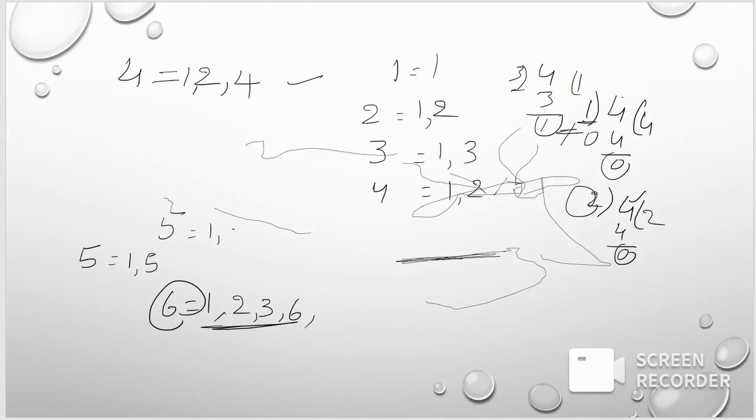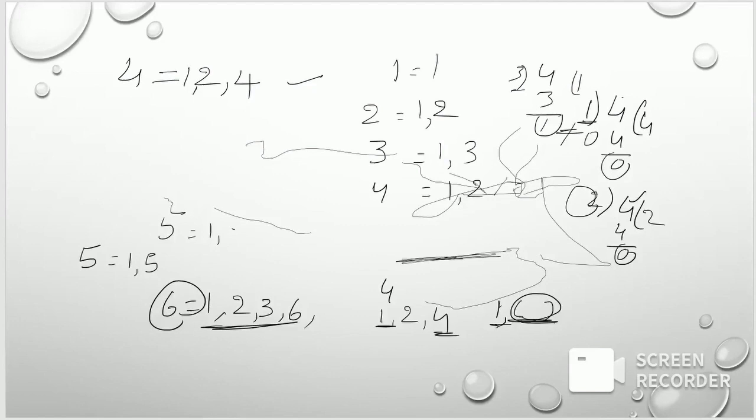If any number has only two factors, those factors must be 1 and the number itself. 1 is a factor of each and every number; for natural numbers, 1 is a common factor of all numbers. Likewise, the number itself is also a factor of each number.